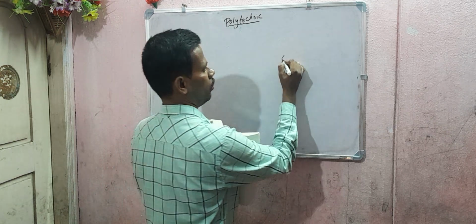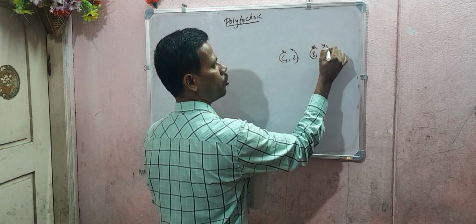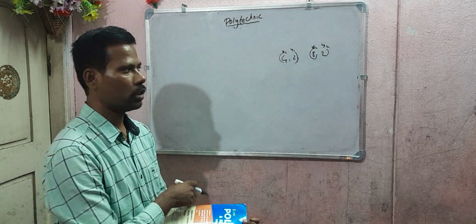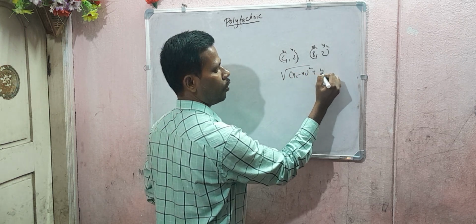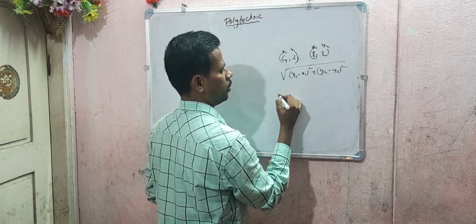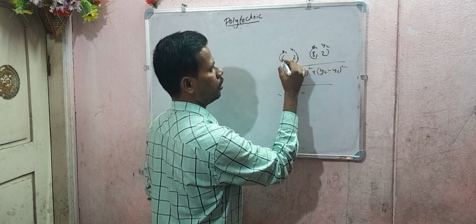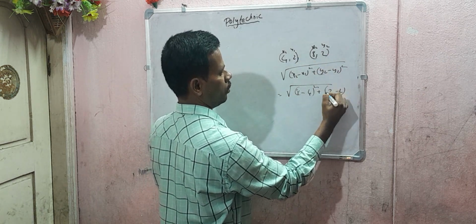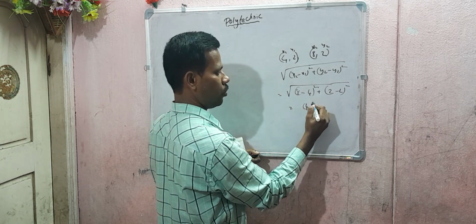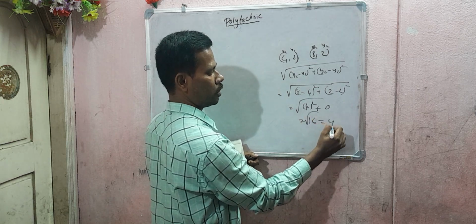And distance between the point 4, 2 and 8, 2. This is x1, y1, x2, y2. Next, use this distance formula. What is the distance formula? x2 minus x1 whole square plus y2 minus y1 whole square. Here x2 is 8, minus x1 is 4, y2 is 2, y1 is 2. 8 minus 4 is 4, plus 2 minus 2 is 0, whole square is 16, square root of 16 is 4.